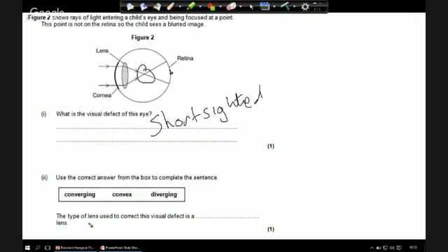And over here, to be able to correct this type of lens, we're going to need a lens which spreads the rays out just before they enter. So that is going to be a diverging lens. And take care that the other two are both the same type of lens. So it's going to be a diverging lens.